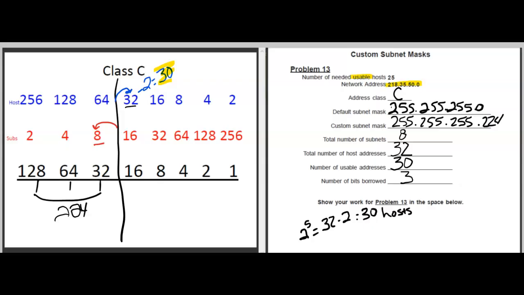Because remember we said that these two numbers, the two superscript numbers, have to equal 8. So 2 to the 3, right? That's what I'm going to have left. 2, 4, 8. So I have 8 subnets. And again, these two numbers, because we're in a Class C, cannot exceed 8, because that's all the bits that I have.